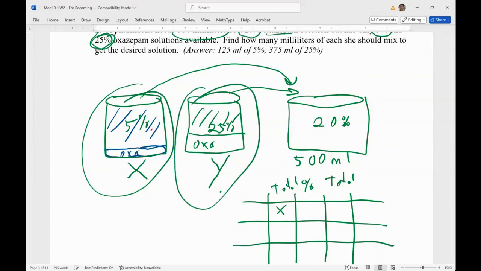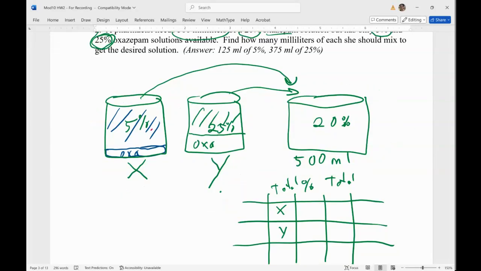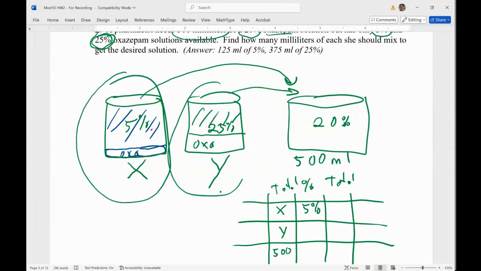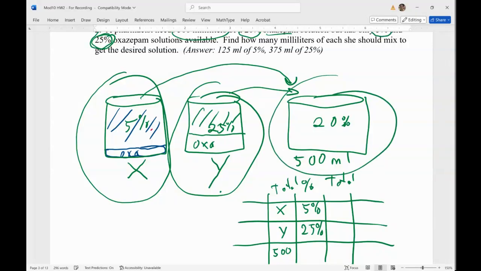The total amount we're going to use of this one is going to be y, and the total amount we want to end up with is 500. So we'll have that there. The percent of this that's Oxa is 5%. The percent of this that's Oxa is 25%. And the percent of this that's Oxa is 20%.